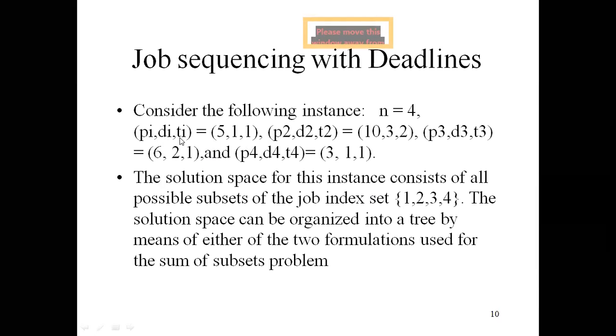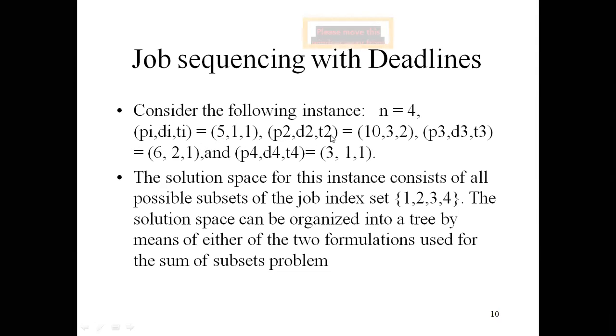So (pi, di, ti) is equal to (5, 1, 1). The processing time is 1 unit, the deadline is 1, and the penalty is 5. So if the job is not completed in 1 unit of time, there is a penalty of 5.